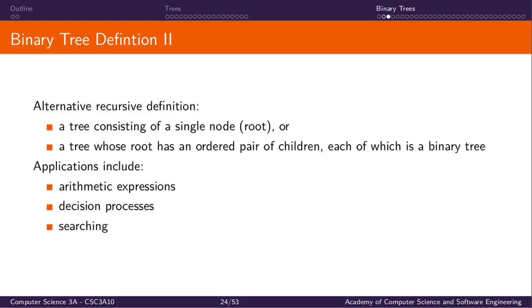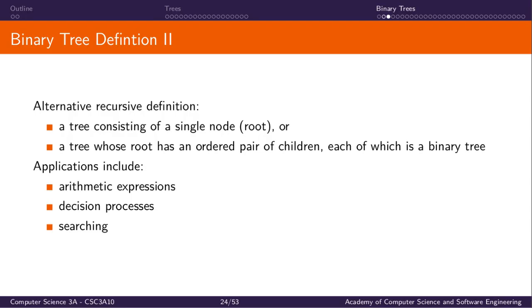Right. The applications of these include arithmetic expressions, we'll take a look at that, decision processes, and searching. Right away, we can see that this lends itself nicely to binary search.